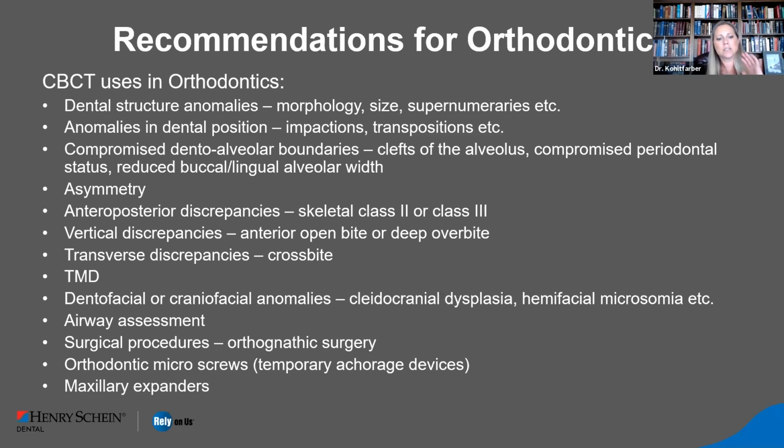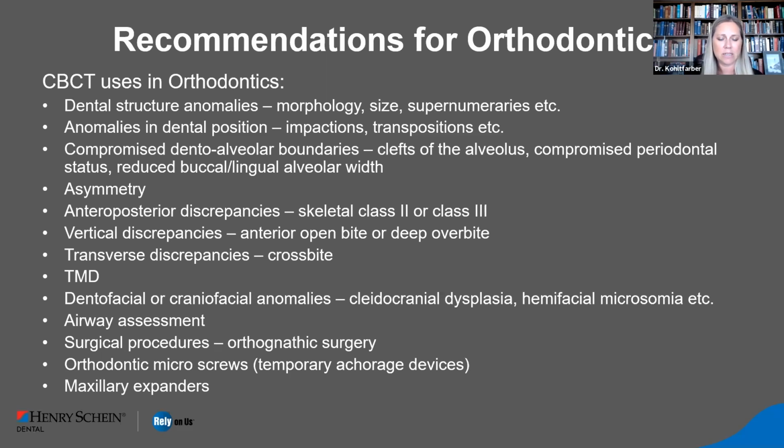These are all the reasons why you could use it with ortho. Again, it kind of gives you your justification from dental anomalies to any compromised dental alveolar boundary, any cleft, asymmetry. If you are a skeletal class 2 or class 3, might want to use CBCT.